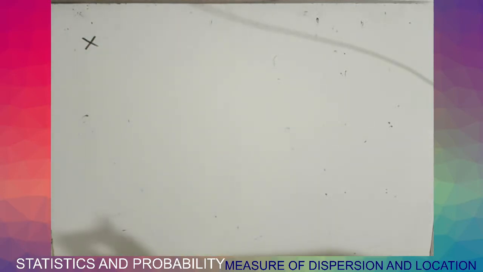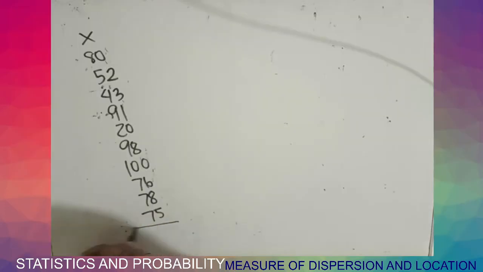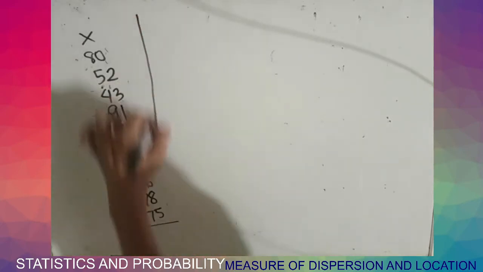Based on dun sa problem, yung x natin ay 80, 52, 43, 91, 20, 98, 100, 76, 78, and 75. Okay. So, ito yung first column.